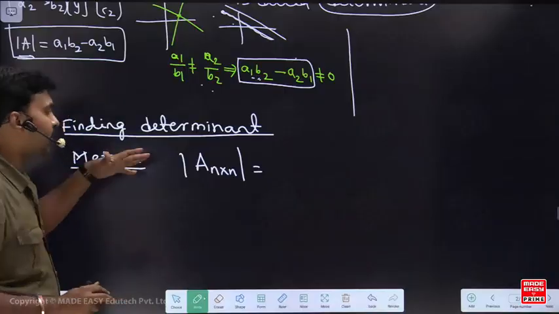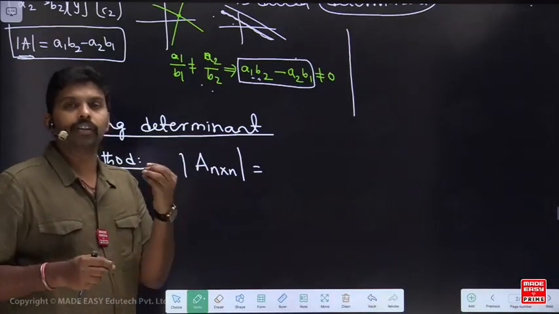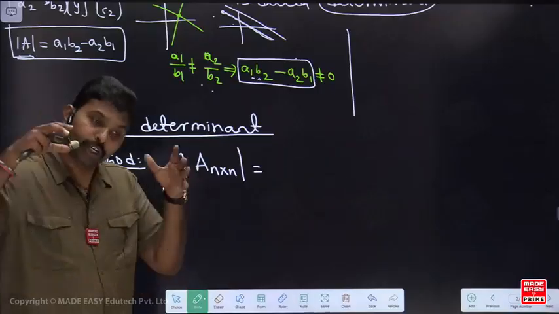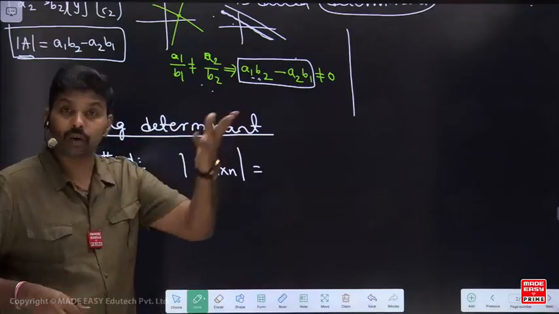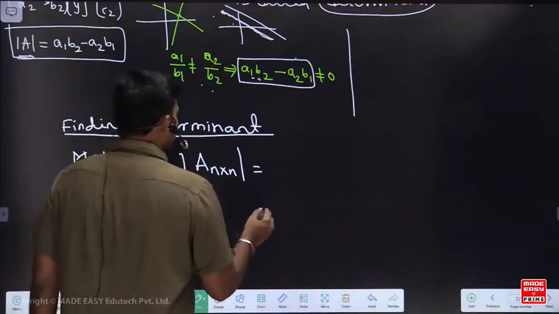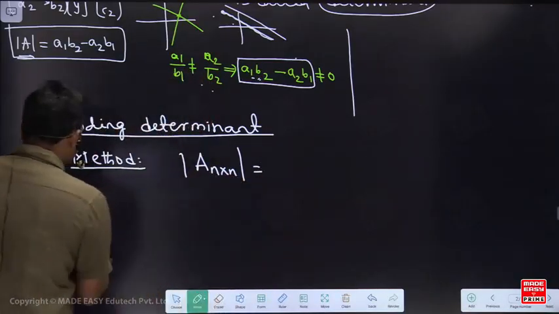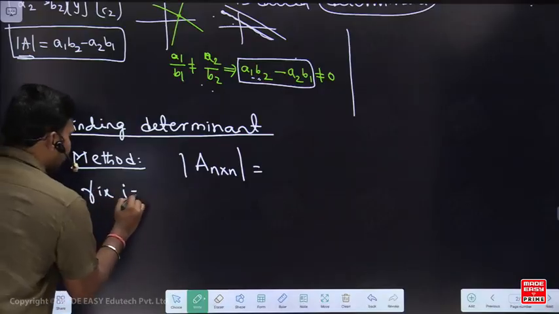But generally, for definition purposes, we will be fixing the first row. But it doesn't mean that you need to take only the first row. Any row or any column can be fixed here. So therefore, to give this determinant definition, now fix i is equal to 1.